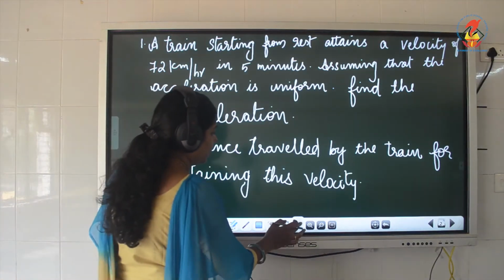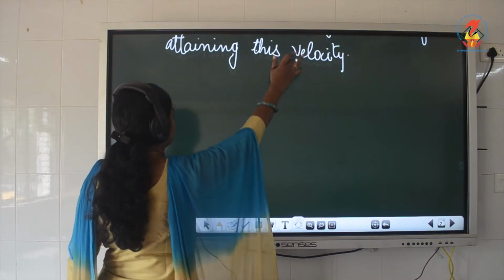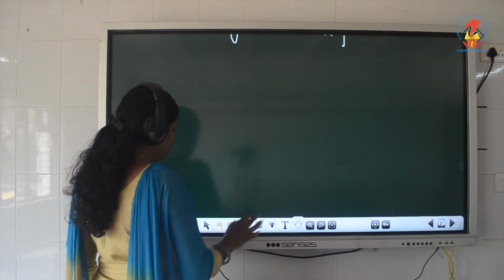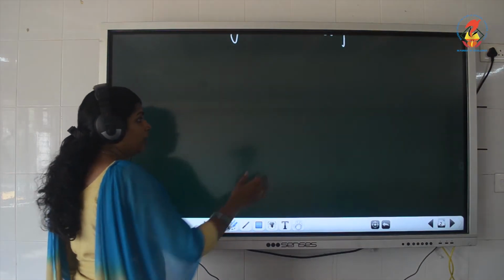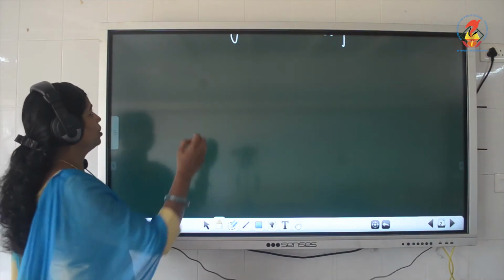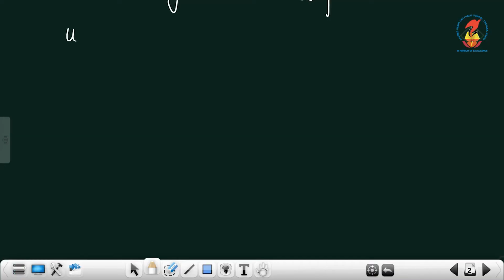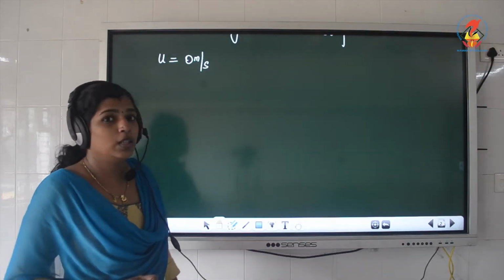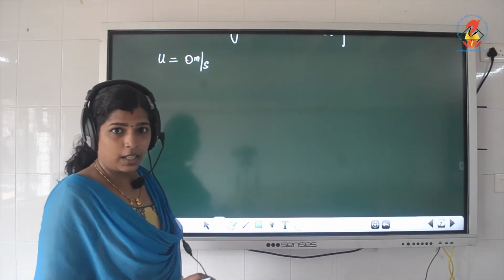So, I will write it here. First I will write what all things are given in the question. Here initial velocity equal to 0 meter per second.